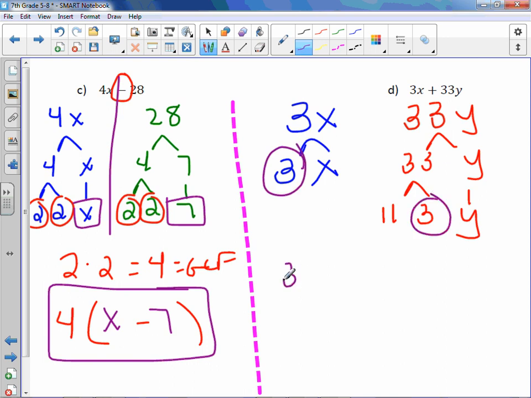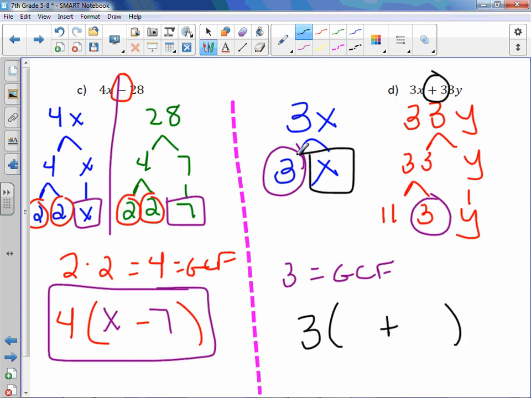And that's it. So that's our GCF. So 3 goes on the outside of the parentheses. Carry down your plus sign. We have an x that's on the left. And we have 11 and y. And what we do with numbers when we have more than one of them is we multiply them. 11 times y is just 11y.